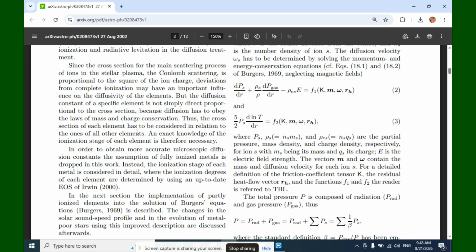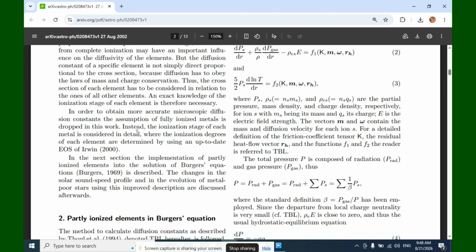The vectors m and omega contain the mass and diffusion velocity for each ion s. For detailed definition of the friction coefficient tensor, the residual heat flow vector RH and the functions F1 and F2, the reader is referred to TBL.